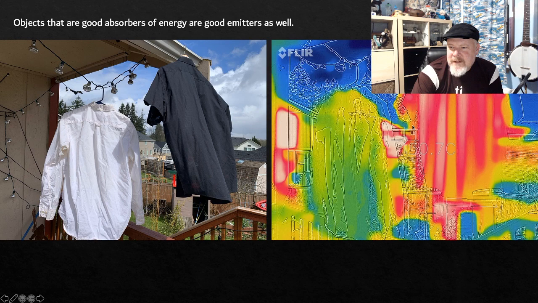And what you will see is that the white shirt is greens and blues, which means cool colors. So this white shirt's not going to be very hot. The black shirt, on the other hand, is reds and oranges and almost going into whites, which means it's really hot. There's like a 20-degree difference in temperature between the white shirt and the black shirt.